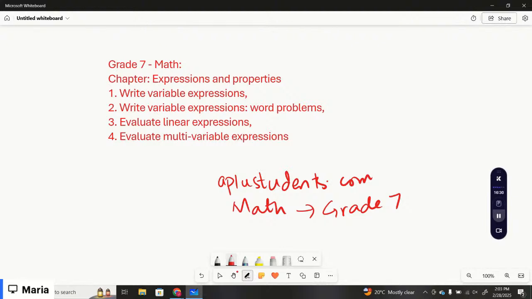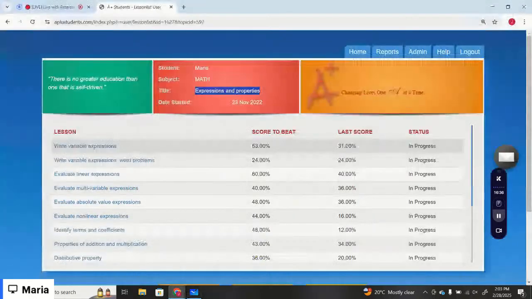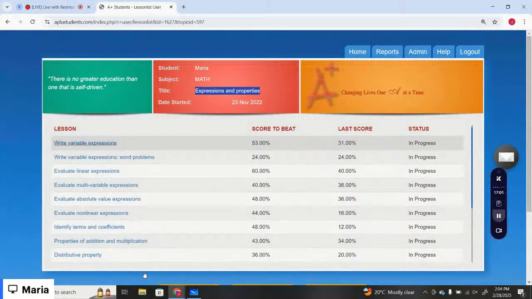Please make sure you have your notebook and pencil so that you can note down the important examples and definitions as well. Here I am on grade 7 math. Let's just start with the first lesson, that is write variable expressions.